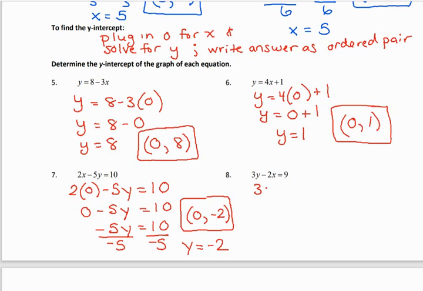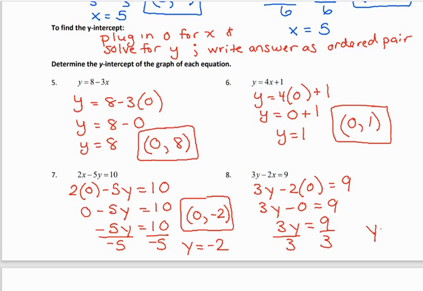Number 8, again, we're looking for y, so leave y blank, plugging in 0 for x. This gives me 3y minus 0, which is 3y equals 9, and then we divide by 3. So y equals 9 divided by 3 is 3, so that ordered pair is 0, 3. Very good job.